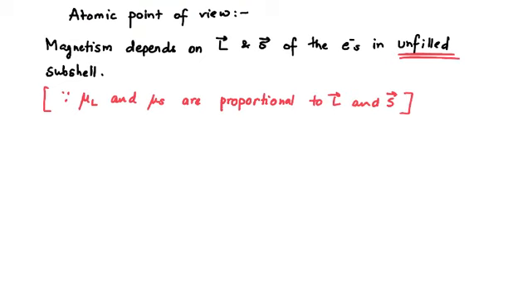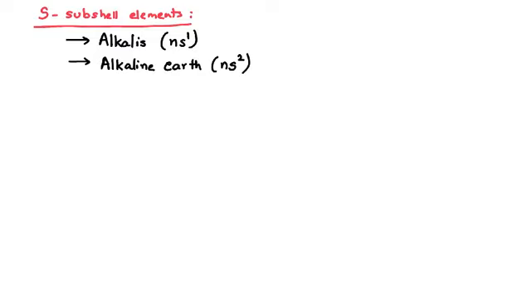Now from an atomic point of view, magnetism depends on the L vector and S vector of the electrons in an unfilled subshell. Now let's look at s subshell elements. An element could belong to the alkali elements, or it could belong to the alkaline earth elements.